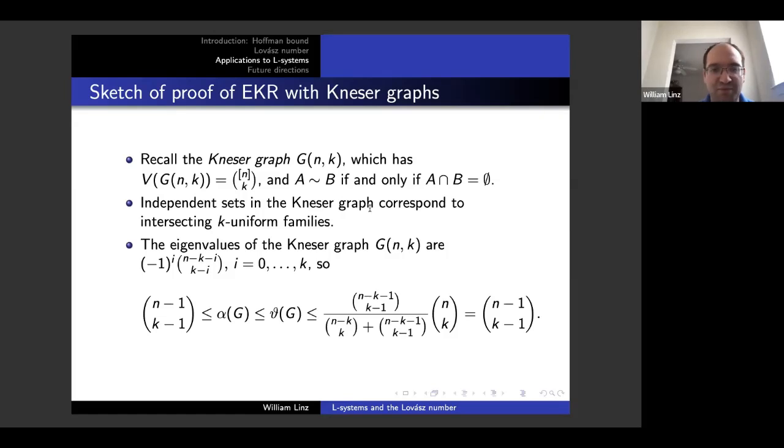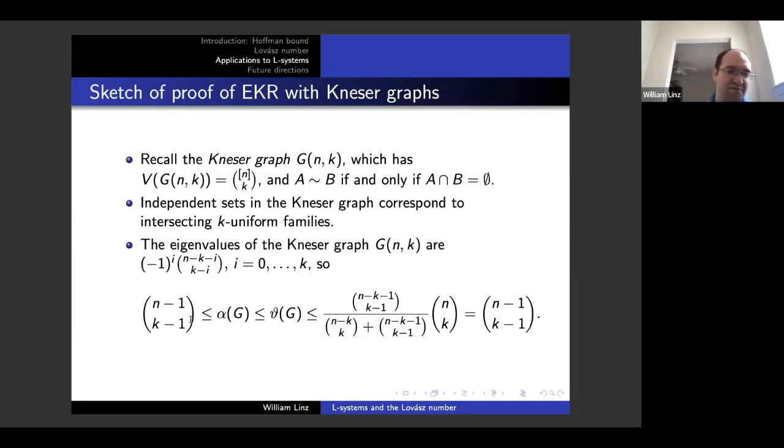So you could use the Hoffman bound, or as Lovász pointed out, you could also use that to compute the Lovász number of the Kneser graphs. The eigenvalues of the Kneser graph are these quantities here: (-1)^i times n minus k minus i choose k minus i, where i ranges from 0 to k.